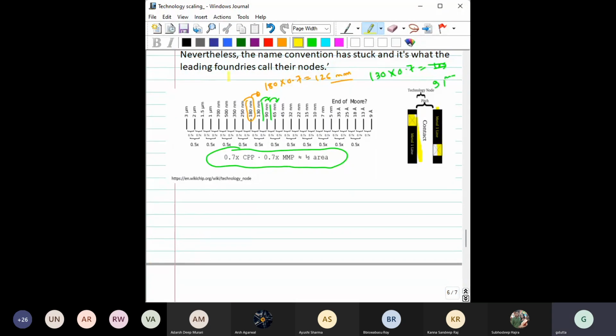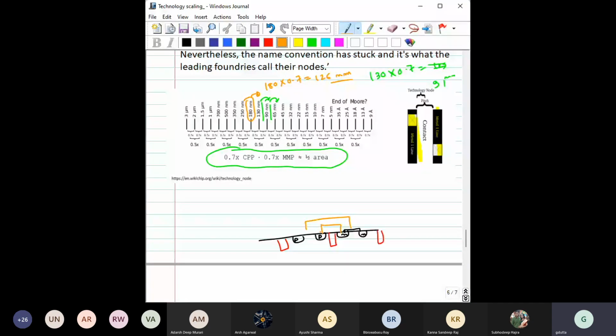Say these are your devices, this is NN and this is PP, so this is NMOS, PMOS, isolated from each other by trench isolation. Now this has to be connected, and here also this gate has to be connected. So these are metal layer 1.